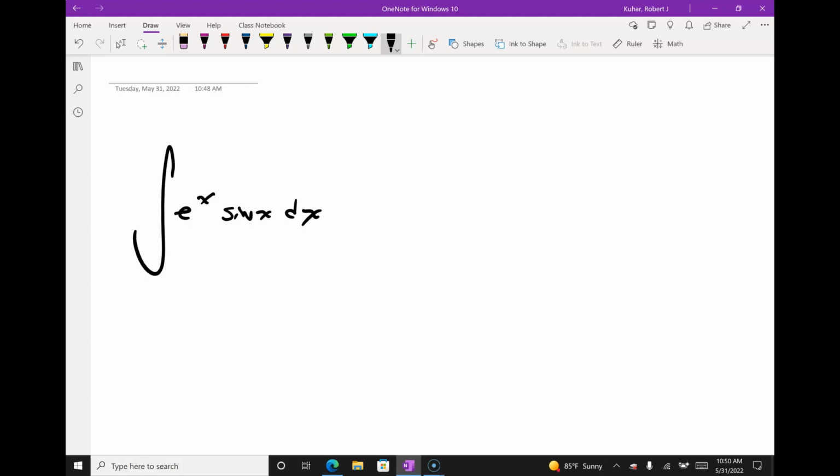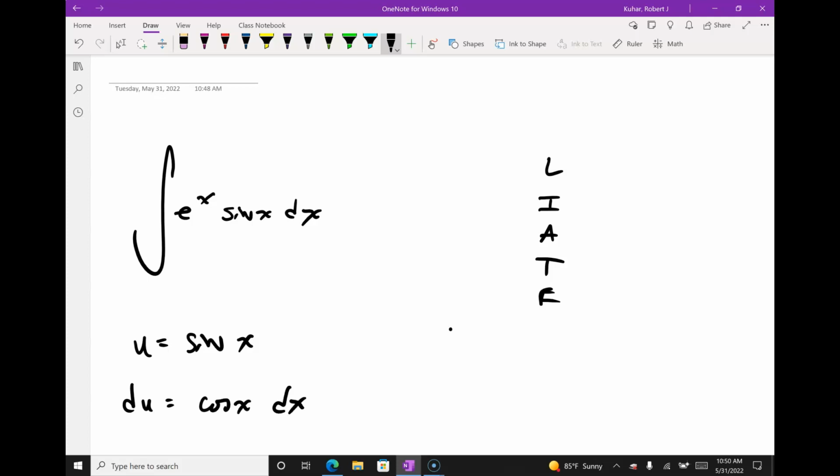That's what I'm calling a loop. What's my choice for u? Trig, right? Trig comes before exponential, so sine x. What's the derivative of sine? And then dv is e to the x dx.